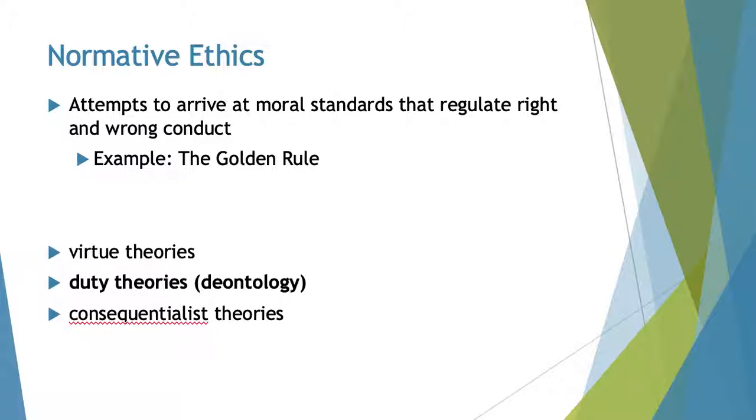The last branch of normative ethics is consequentialist theories. Consequentialist theories deal with consequences. What it says is that as long as the consequence is good, whatever action you take to get there is ethical. The most famous example of this is the scenario you often hear about a trolley that is going off the rails. The trolley is full of 15 people. To save the trolley, you have to change its course and run over one person, killing them.